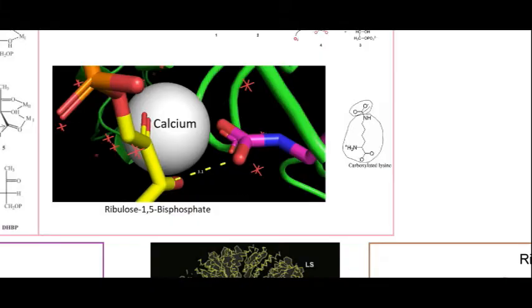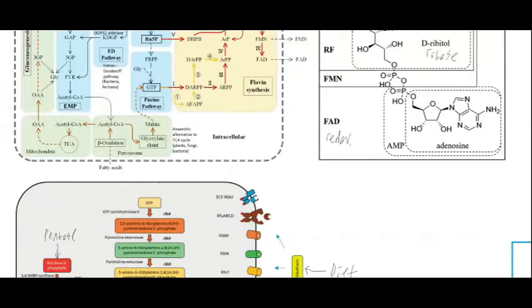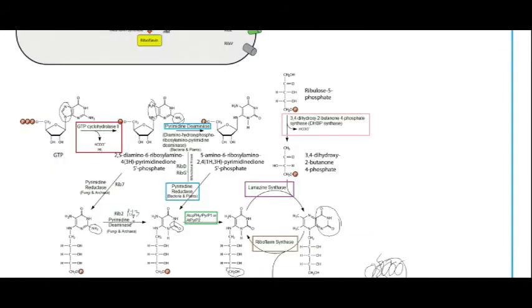All right, so now let's go back here just to get our bearings a little bit. So we've now gone through these first steps from the GTP cyclohydrolase, which broke this ring on the GTP. And then we could go through this deaminase reductase step, which is reversed between fungi, archaea, and the bacteria and plants.